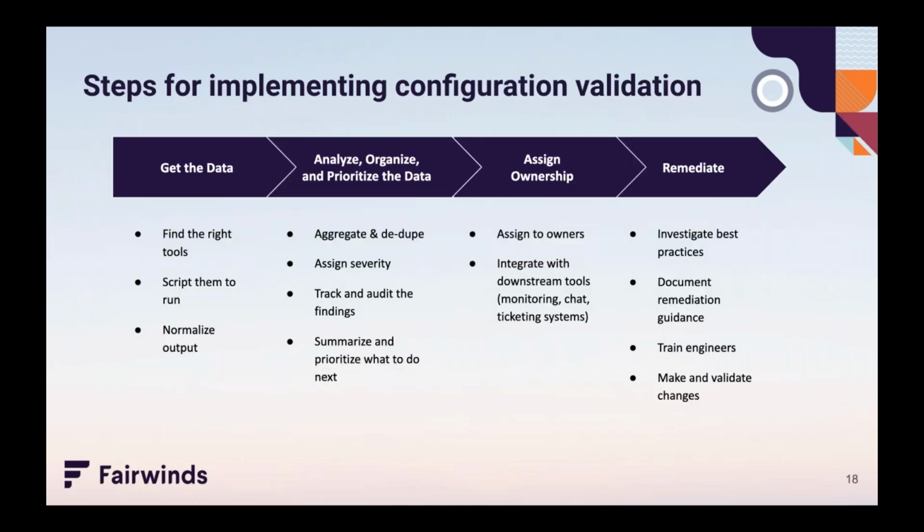So we want to share with you some steps for implementing configuration validation in your process today. The first step is really around data. A lot of the examples that Robert shared are things that can actually be detected today, whether you're early in the development process or even running workloads already in production.